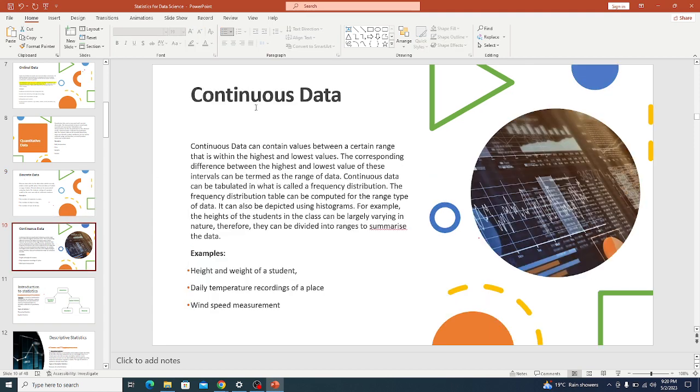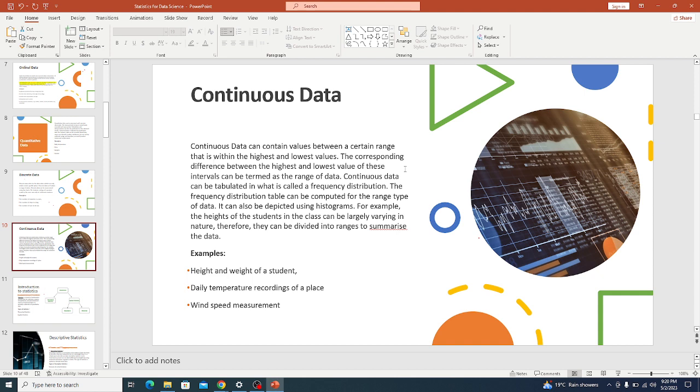Okay, let's now go to continuous data. Under continuous data, we are saying that continuous data can contain values between a range. You can see here we are talking about a range, and you know a range is the difference, the values between the highest and the lowest values.